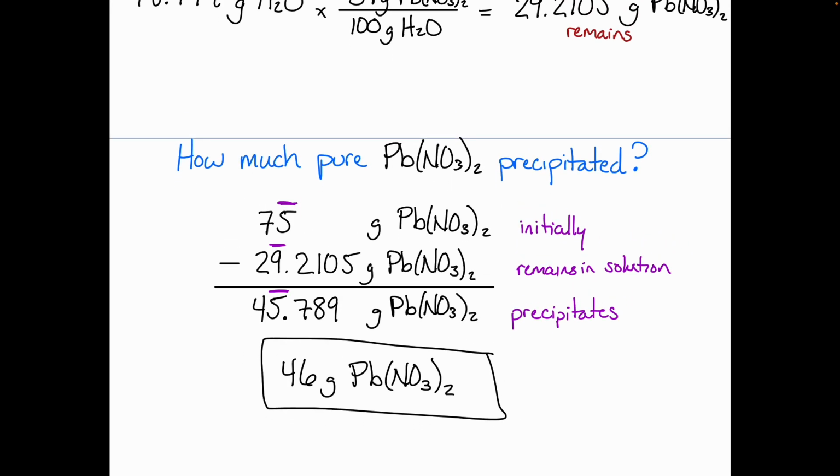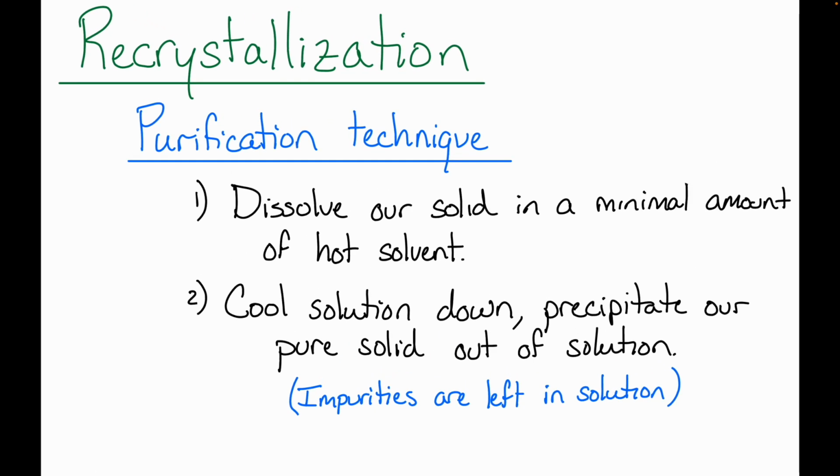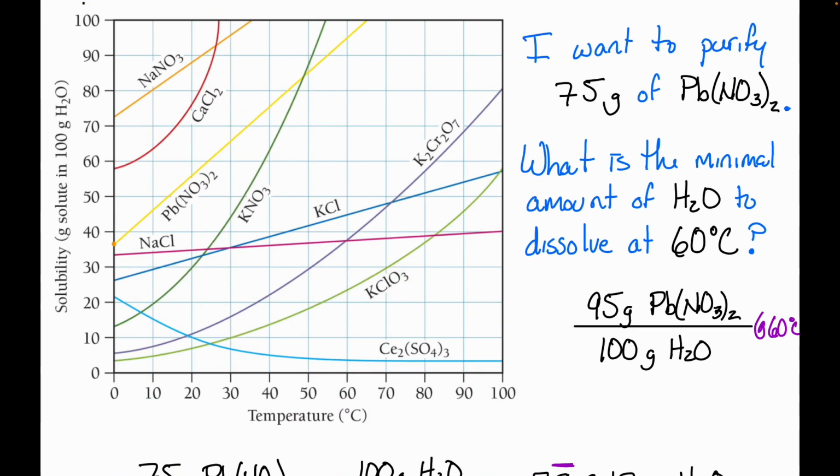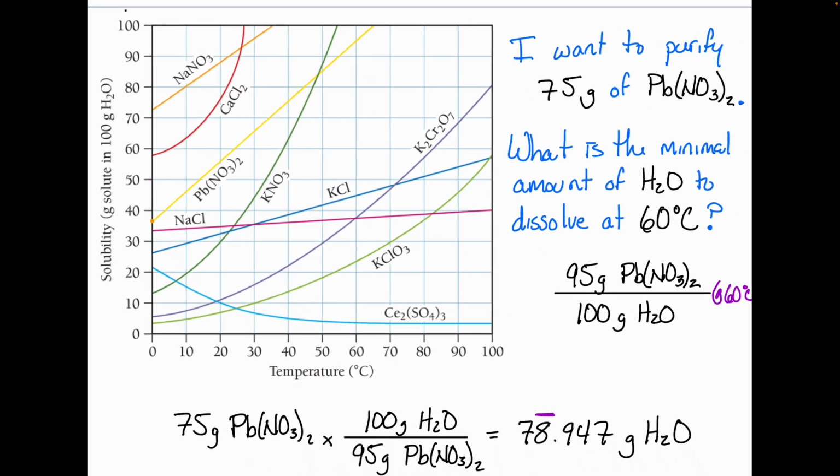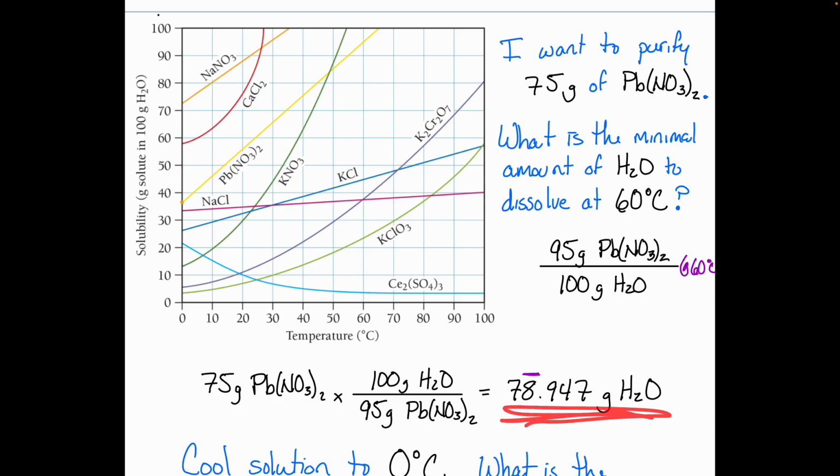Okay, so again, recrystallization is a purification technique where you dissolve a solid in the minimal amount of hot solvent. We then cool that solution down, and what precipitates out is our pure solid. So what we did first is a calculation to figure out what that minimal amount of hot solvent was that I need.